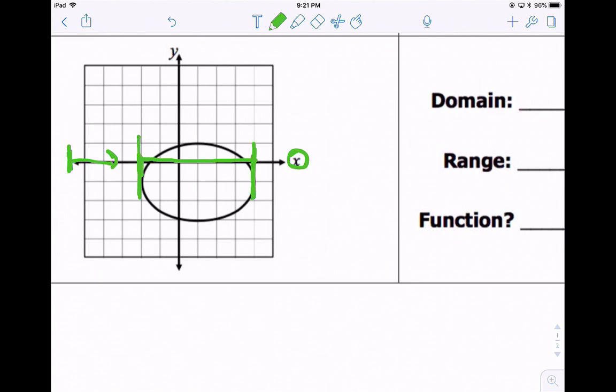So all the x's for this graph are between -2 on the left, to 1, 2, 3, 4 on the right. So our x value is everything between -2 and +4, right? It's everything between that. So this is how you're going to write that.